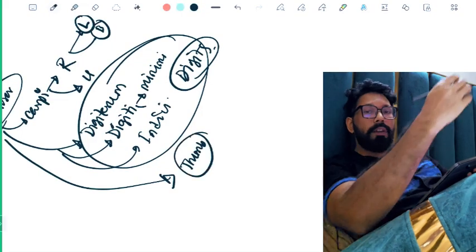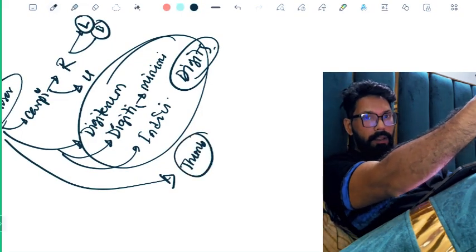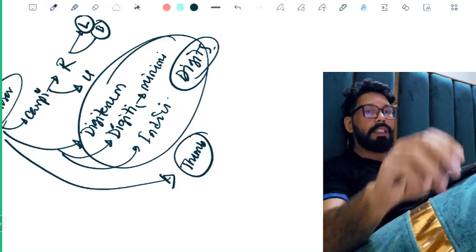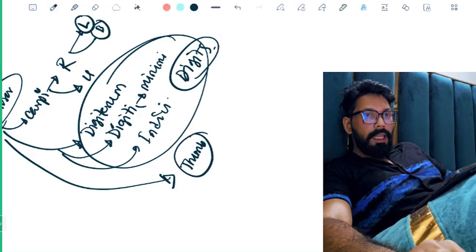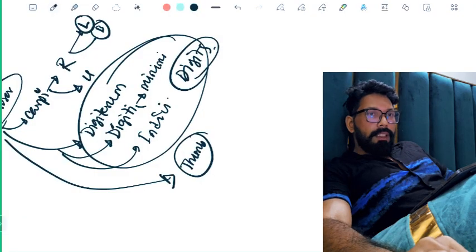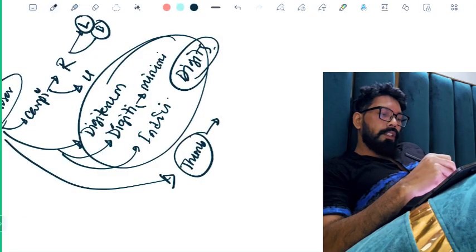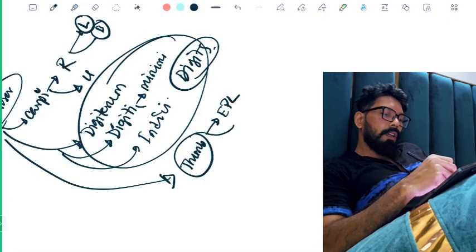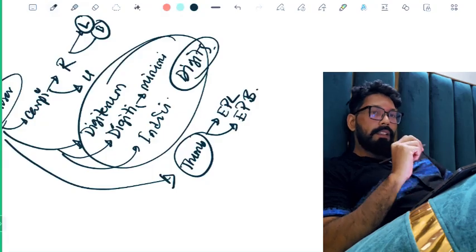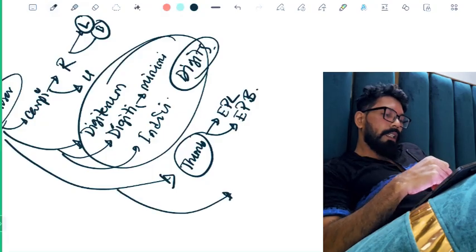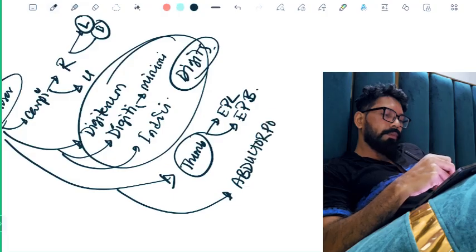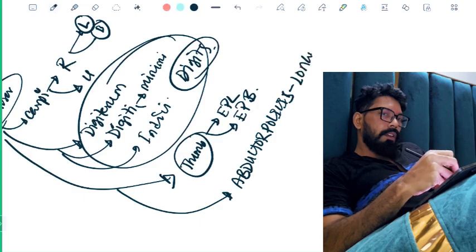So up to thumb, from your lateral epicondyle, that is the common extensor origin. Okay, lateral epicondyle. So up to thumb we have extensor pollicis longus, extensor pollicis brevis, and with that we have one abductor pollicis longus.